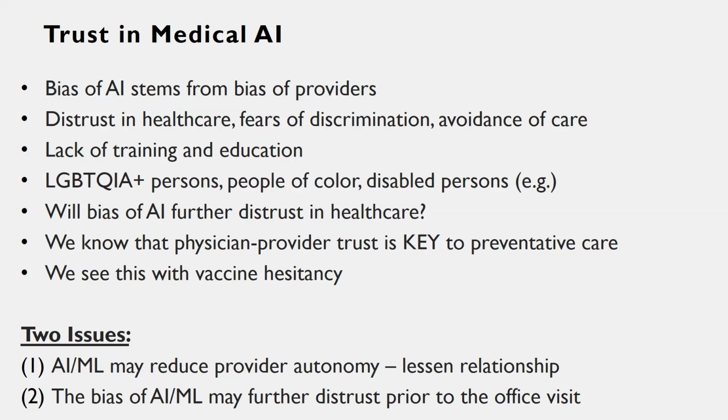What if they don't ask the right questions based on your own intersecting identity? What if you can't access it because of your age or your ability or certain things like that? Suddenly, like I said again, and I'm just going to repeat it, before you walk into that office, there's already been a lack of trust because of those biases of algorithms.